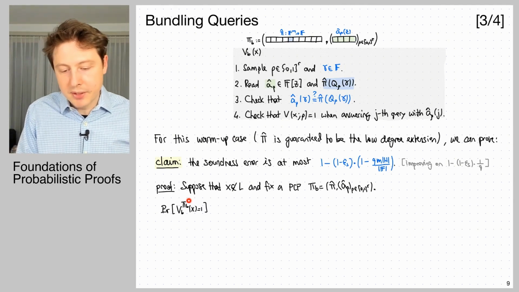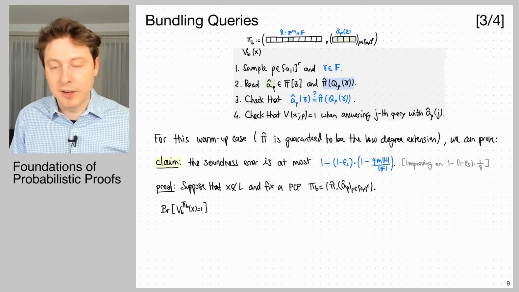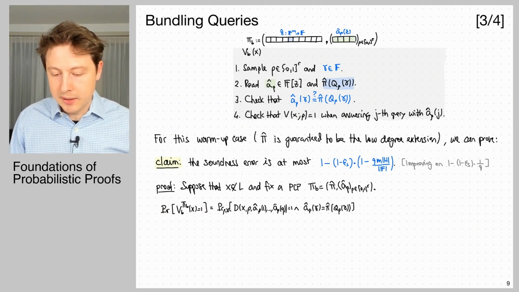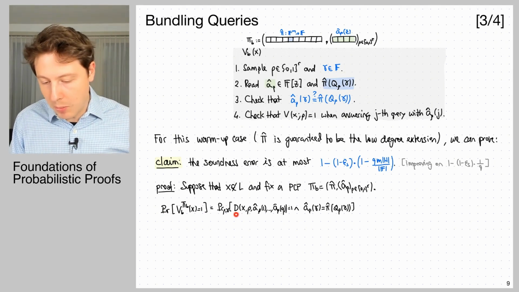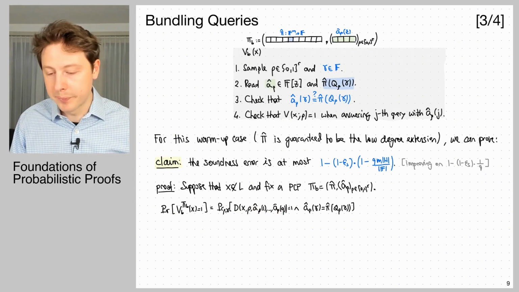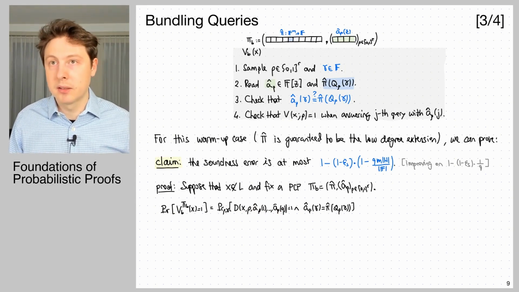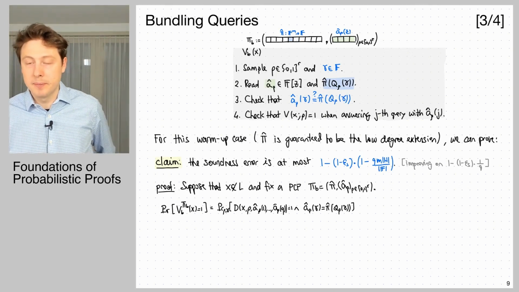And we're really interested in understanding the probability that the verifier accepts. I'm opening up the construction, right? This is the same as when I run the verifier, which you can think of as the decision predicate on this tuple evaluated at 1 through q, and the consistency check at gamma passing, right?